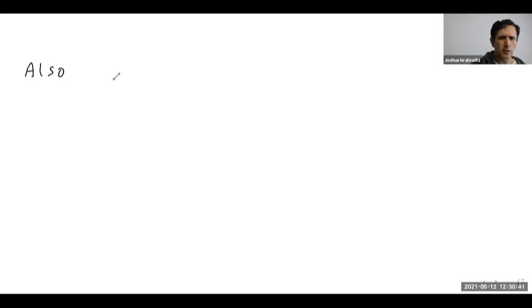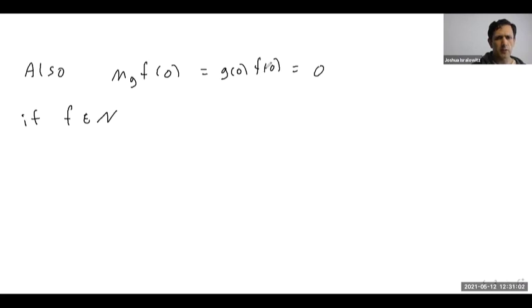Yeah, so certainly M_G f of 0 is going to be G of 0 times f of 0. This is 0 if f is in N, because then f of 0 is 0. So obviously N is an invariant subspace for multiplication by G, right?